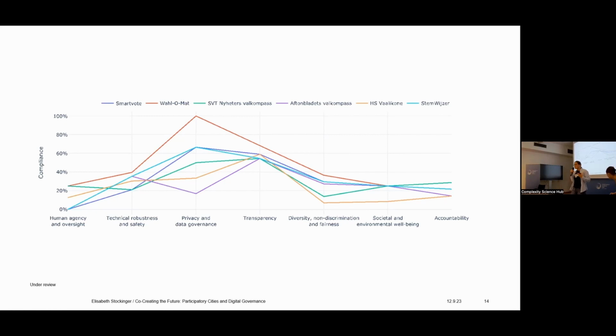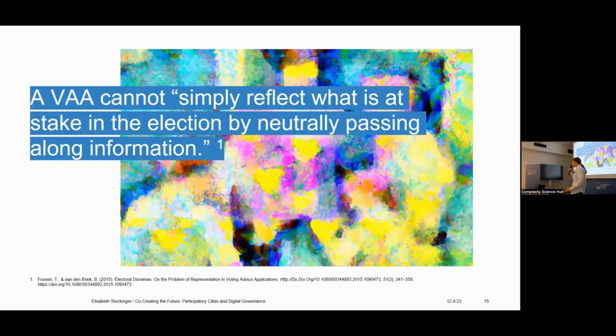And we see that voting advice applications, although many of them are supported by public funding, and they have an interest in being perceived as trustworthy and transparent, they don't score terribly highly according to the ethics guidelines. So, as has been put into words quite eloquently by Vossen and van der Brink, a voting advice application cannot simply reflect what is at stake in an election by neutrally passing along information.